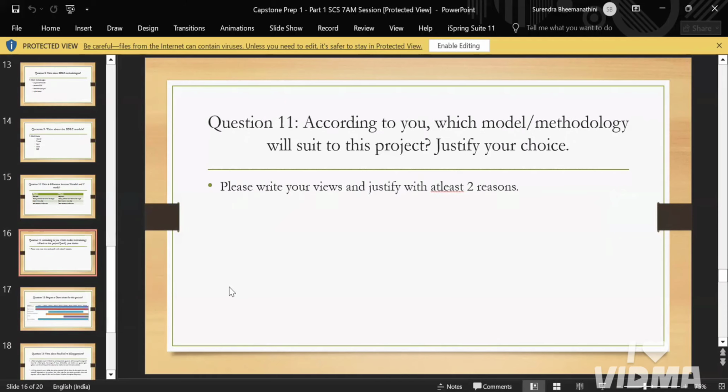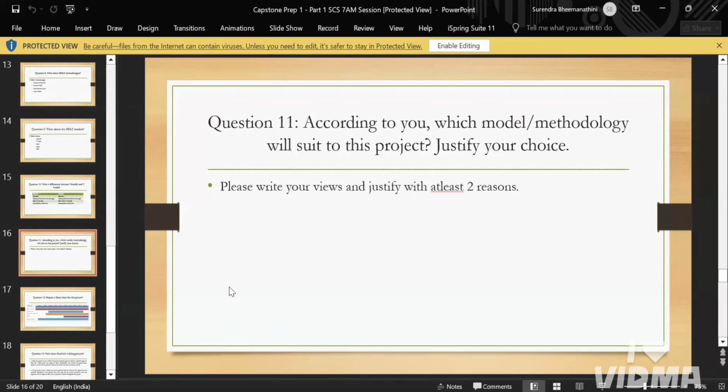Okay. And according to you, which model or methodology will suit this project? Justify your choice. You need to choose the model based on the case study. We have the case study, right? We are preparing a web application. For that web application, as a business analyst, which model will you choose?